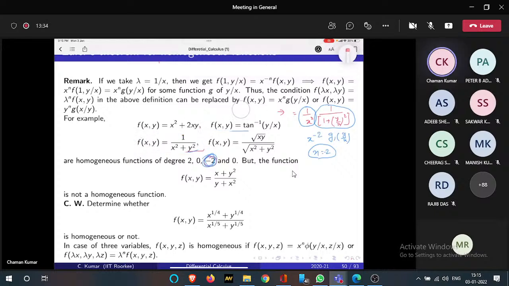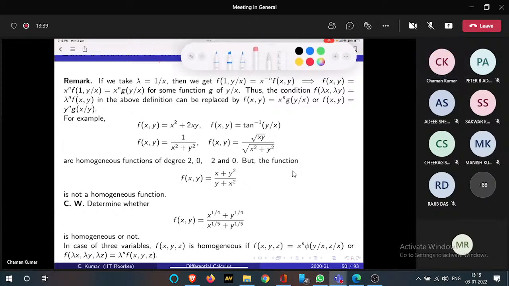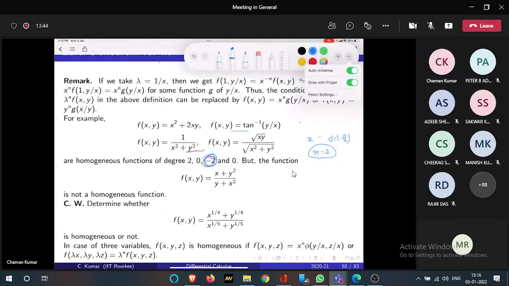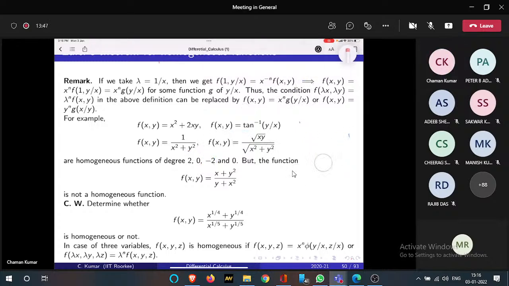Now the last one you can also check easily. Consider this last one. Here also you can write this as root under xy divided by, let's say, x squared outside, so 1 plus y by x whole square under root.